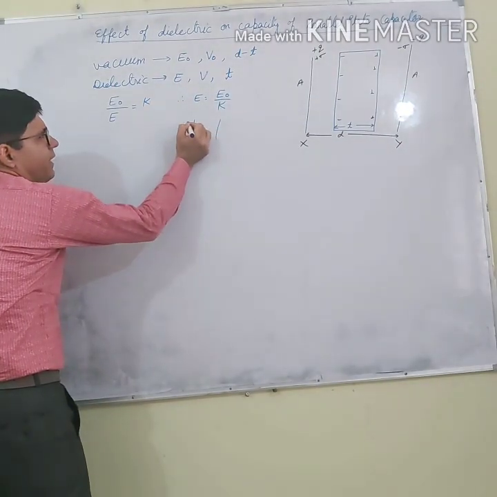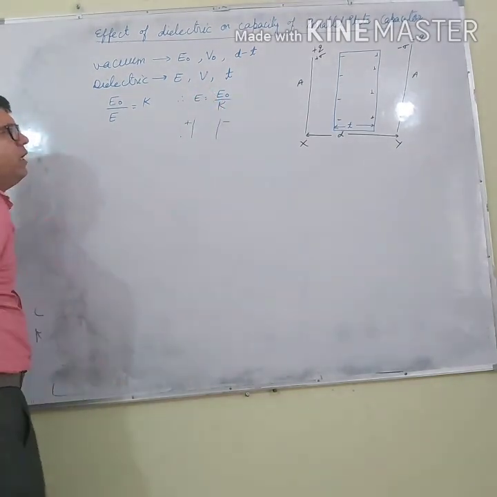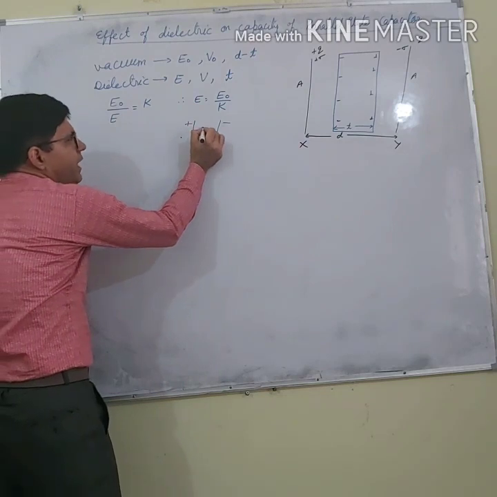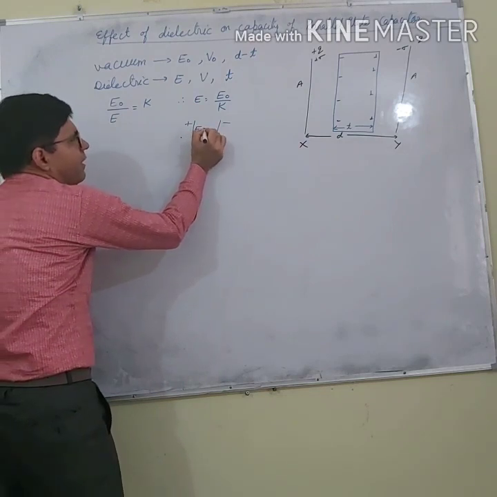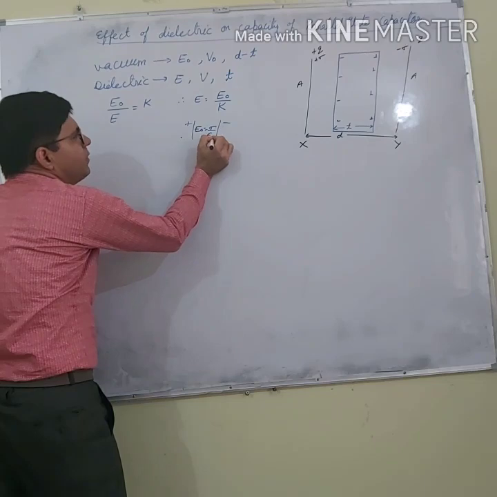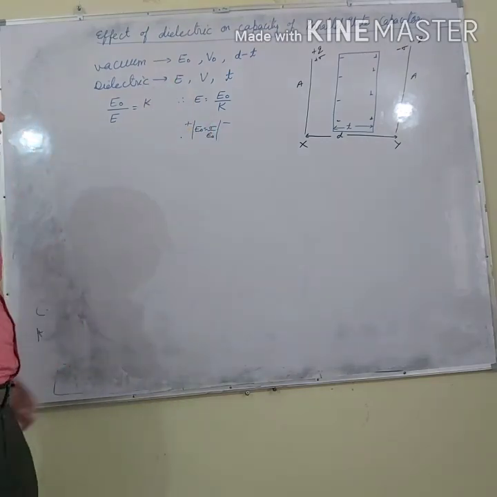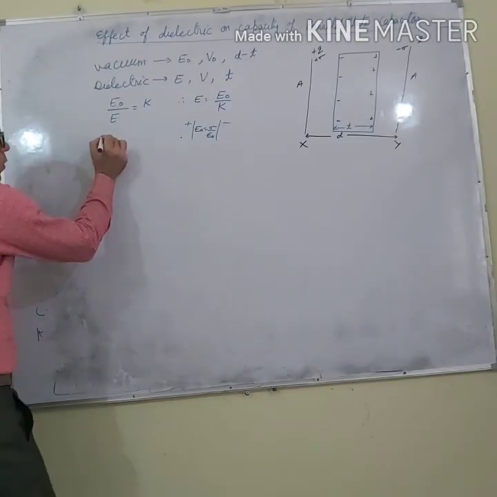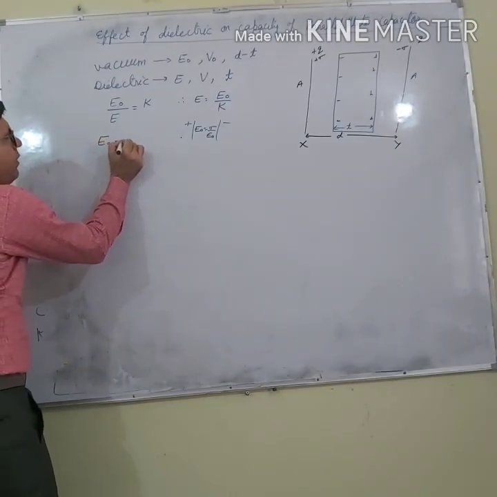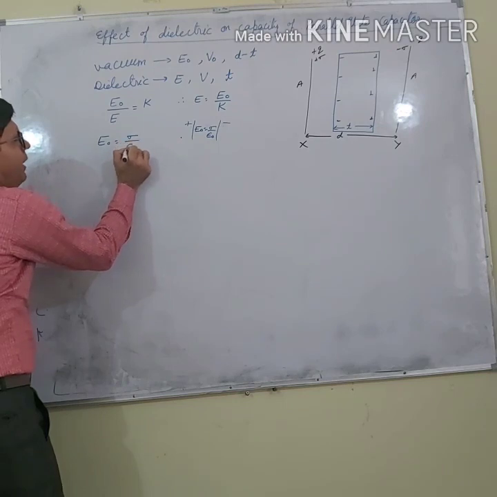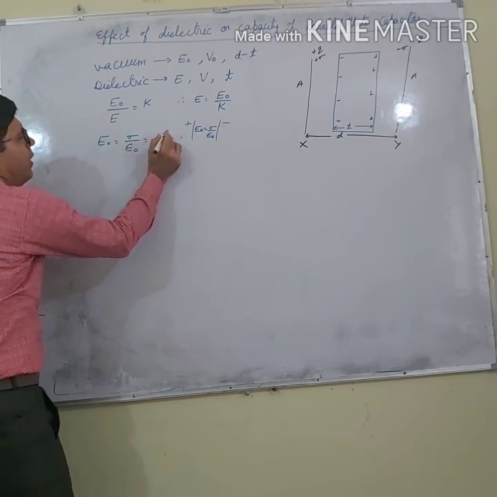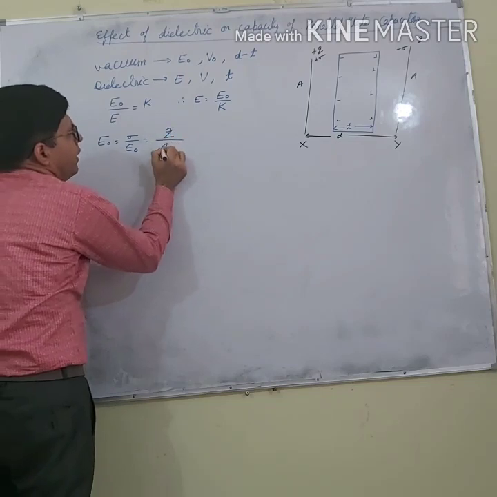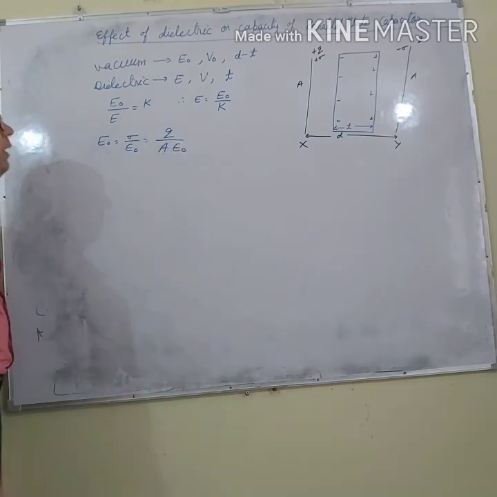We did that these are two infinitely long plane sheets of charge. Electric field is sigma by epsilon naught between these two regions. So E naught equals sigma by epsilon naught. What is sigma? Sigma is charge upon area, so E naught is Q by A epsilon naught.